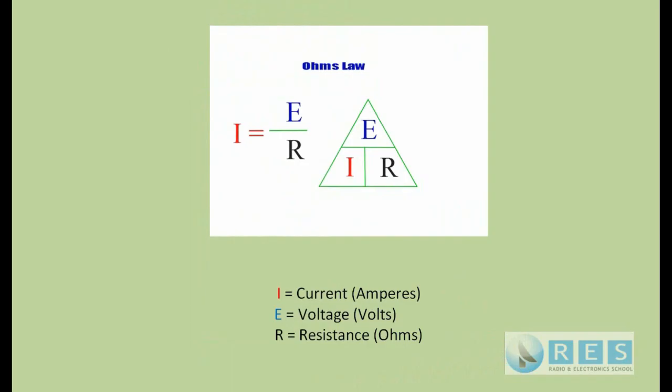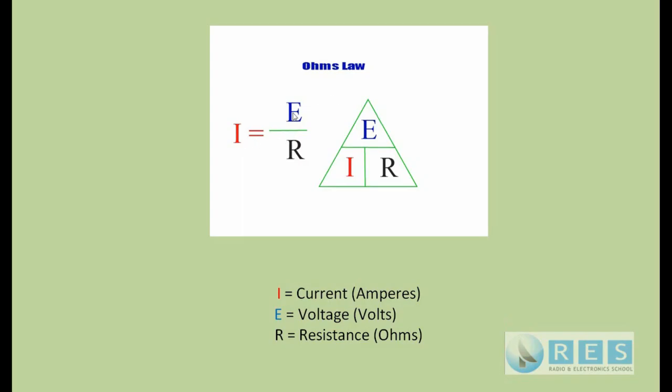A chap by the name of Georg Simon Ohm worked out the relationship between current, voltage and resistance in an electrical circuit, and he came up with this equation. We're not going to discuss Ohm's law in detail, we're just going to be discussing the Ohm's law equation.